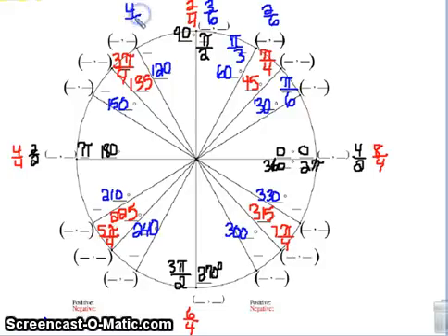This is 4/6. 4/6 is going to simplify to 2 pi over 3. Thank you.